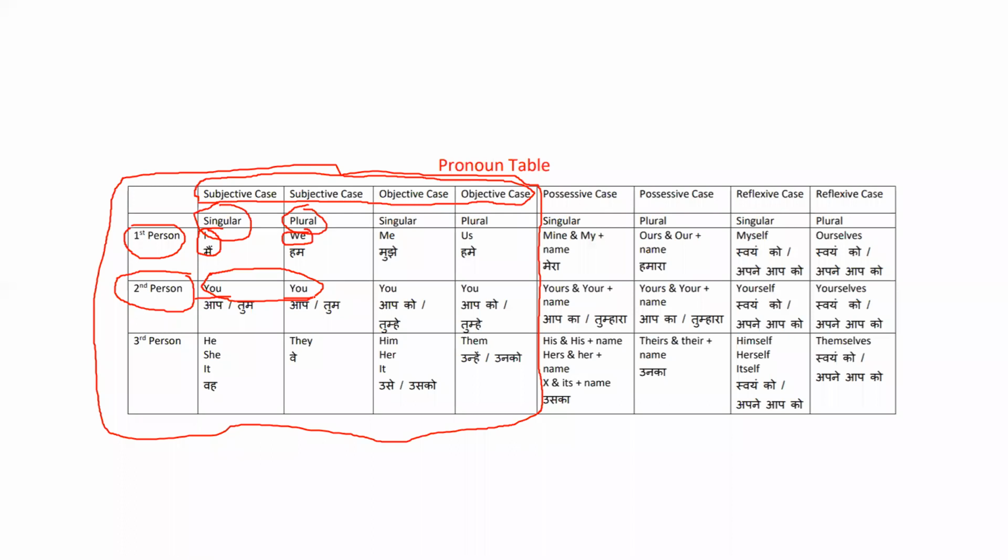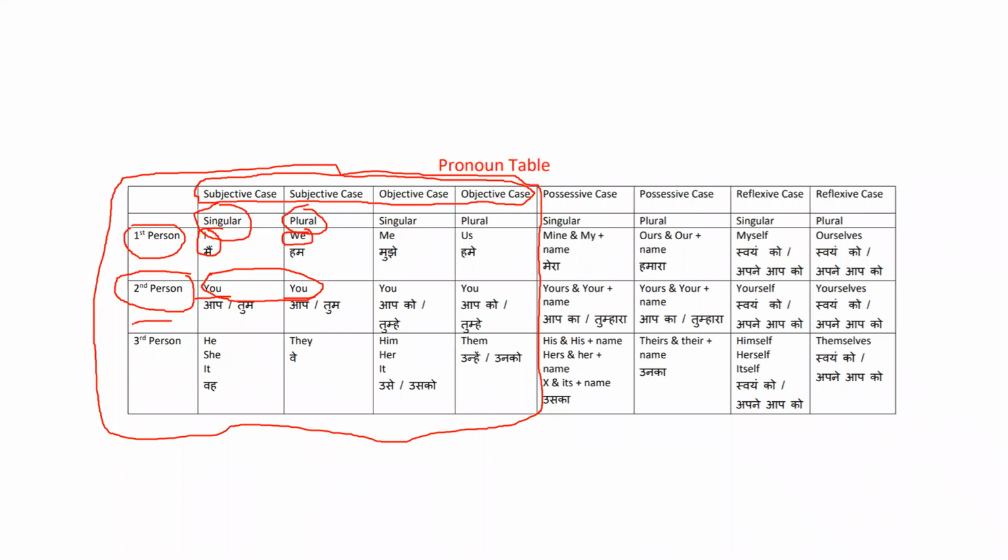Why? Suppose one student is there, so I can say that you are my student. It means I'm talking about one student. Suppose many students are there in the class, I can say that you are my students, or you are my favorite students. So you can be used for second person, singular and plural.